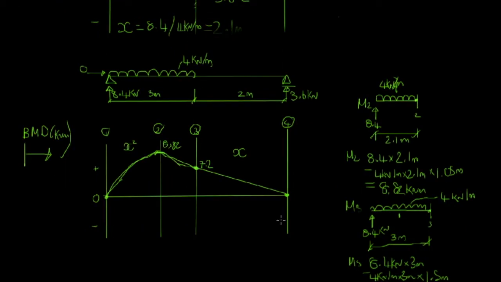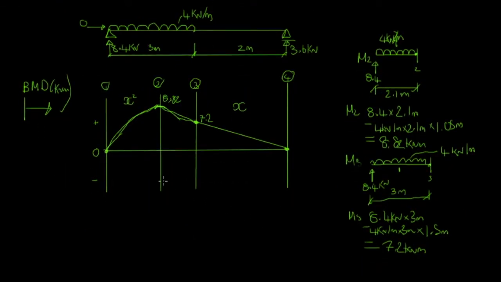So if we come down to here, and let's say M4, we take a cut just a tiny amount to the left-hand side of point 4, just to the left of our support, and we look at everything that's happened on the left-hand side.